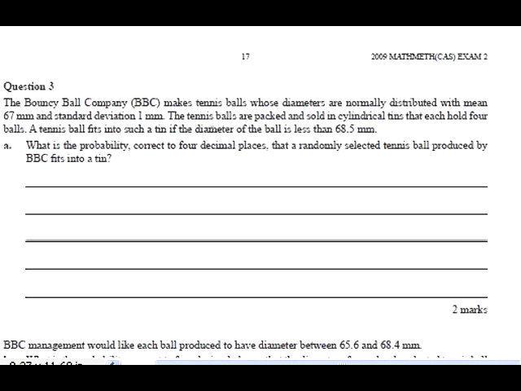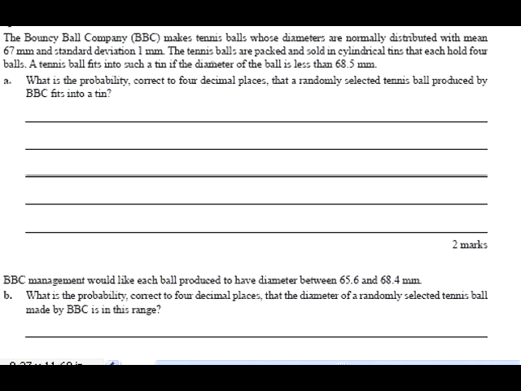Part B is a better question. So now, looking at part B, you want to find the probability of a ball being between 65.6 and 68.4 millimeters. Well, x is distributed as above.